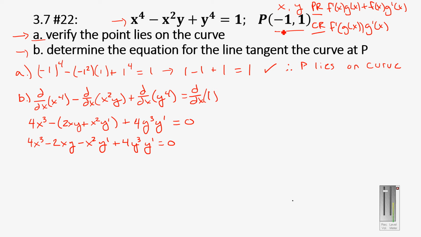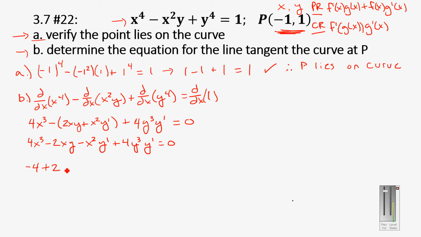Now I'm going to substitute in my negative 1 and my 1. So negative 1 cubed is negative 1 times 4 is negative 4. Minus 2 times xy. Well, negative 1 times 1 is negative 1, so times 2 is negative 2. So minus 2 is actually a plus 2.